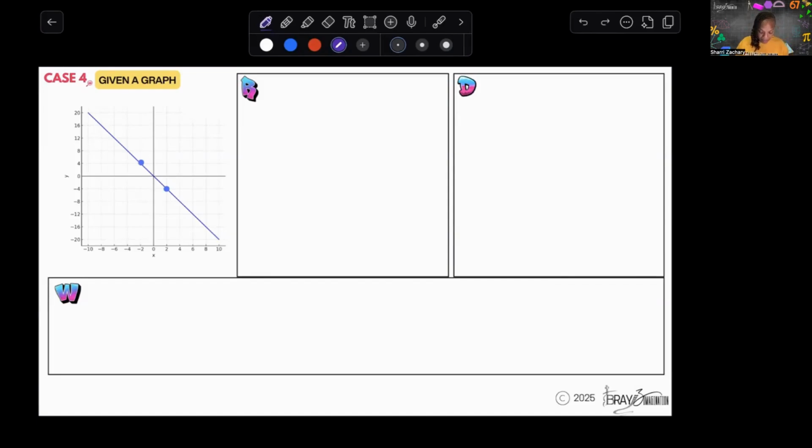So I see my first point is located at -2, 4. Again, be very, very cautious and careful about how we read the axes as we're labeling these ordered pairs. And then my second point is located at 2, -4.